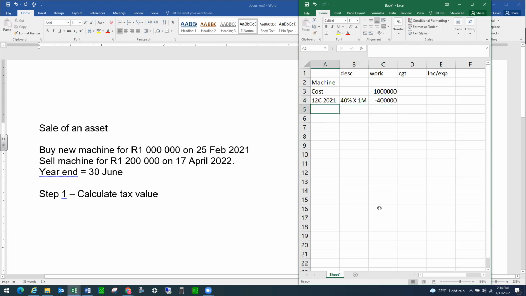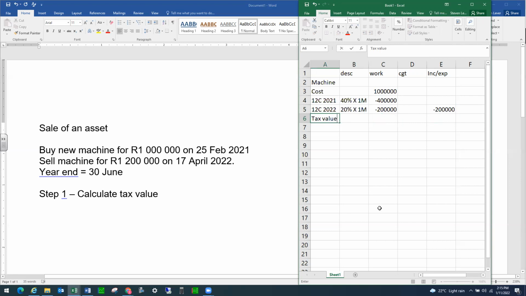Yes. Then 12C for 2022: 20% of 1 million, minus 200,000. And then in your income and expenses, you should be taking off the 200,000 as a deduction. Does that make sense?